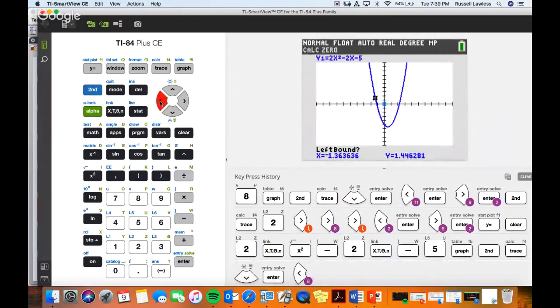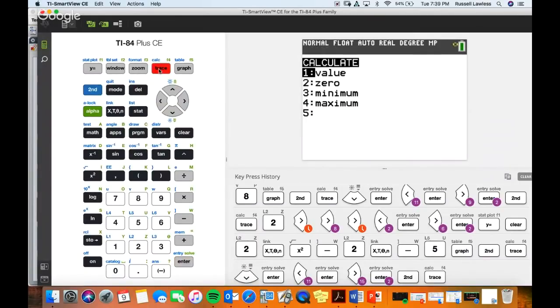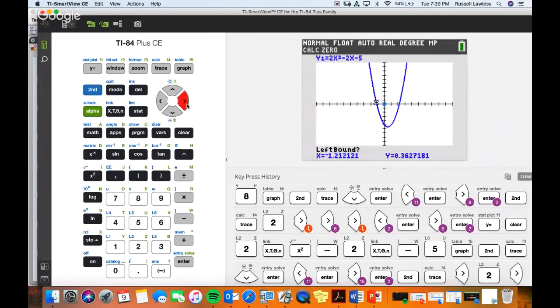On the left bound, I need to be on the left side of my 0. On the right bound, I need to be on the right side of my 0. And so this would give me negative 1.16. So if I'm going to find the other 0, I'm going to go down to that 0.